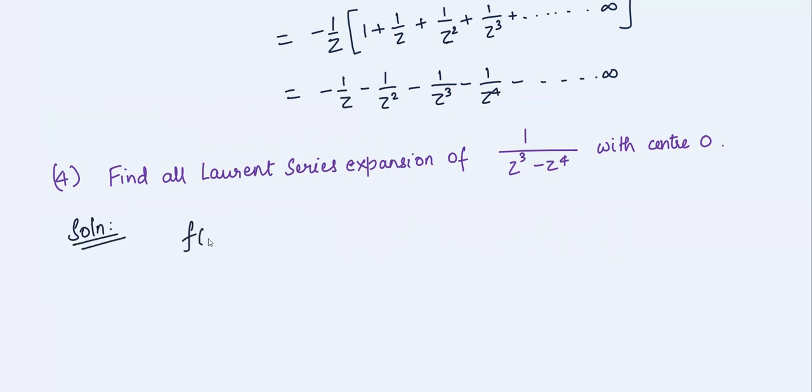Now this f of z is 1 by z cube into 1 minus z. So this is just your previous problem.